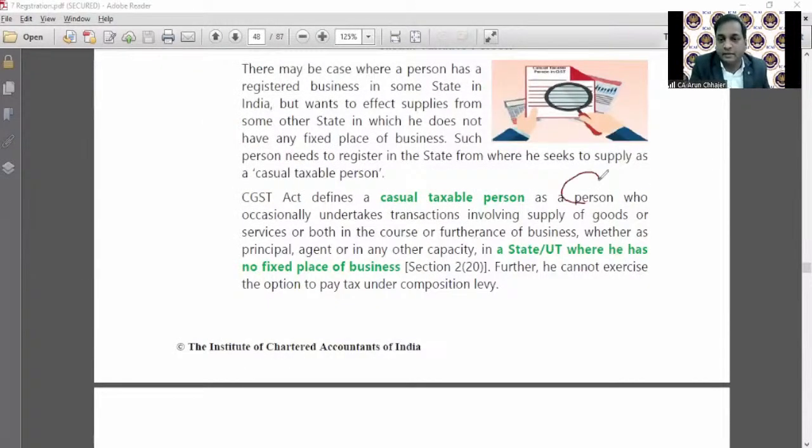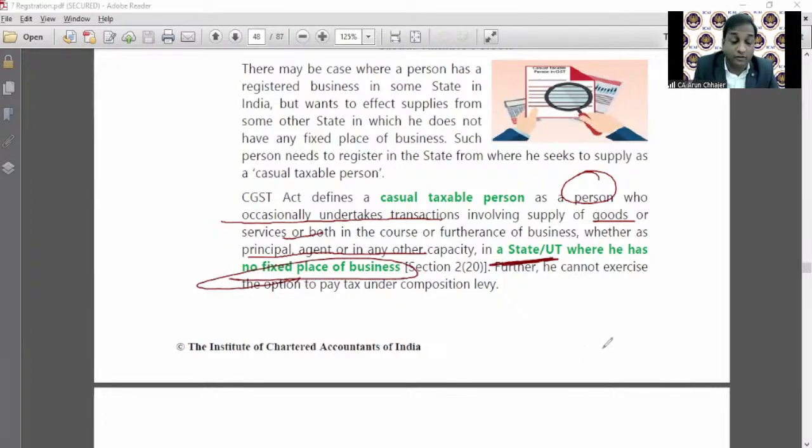Casual taxable person means a person who occasionally undertakes transactions, whether of goods or services or both, whether acting as a principal, agent or in any other capacity, in a state where he has no fixed place of business. From where I would like to make taxable supplies, I have to take registration in Delhi, under the casual category, the CTP category.